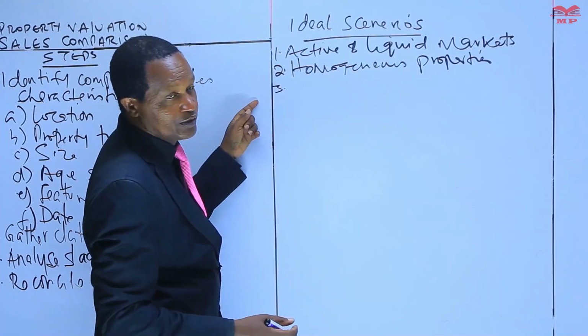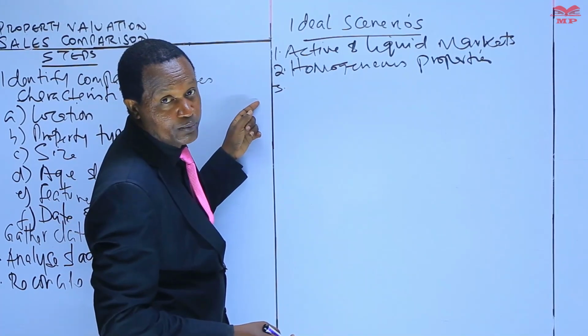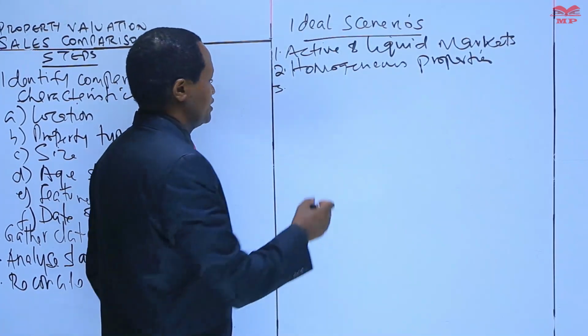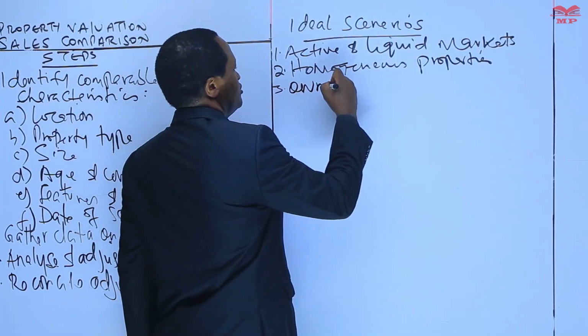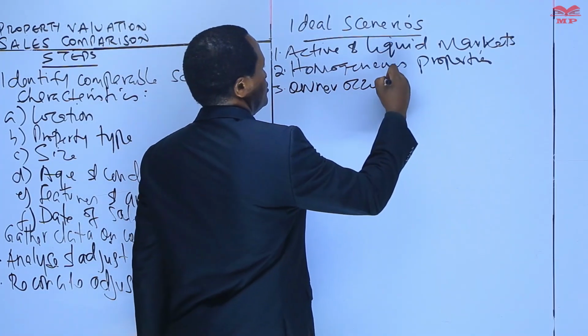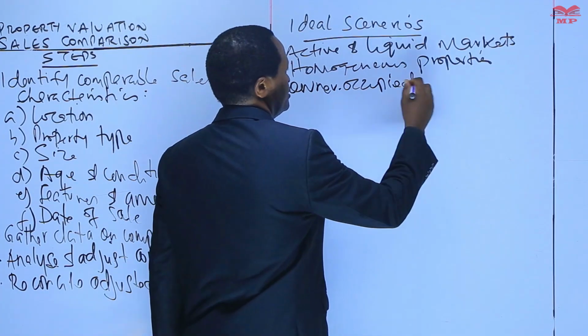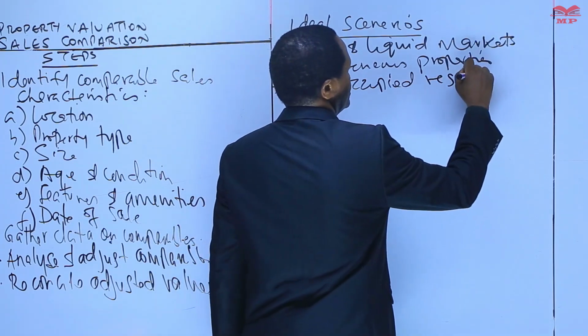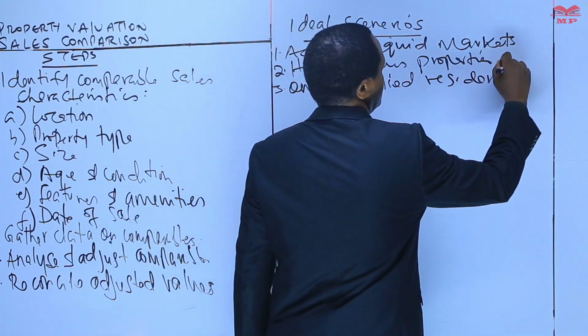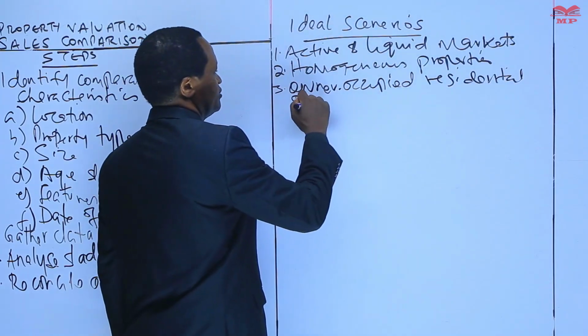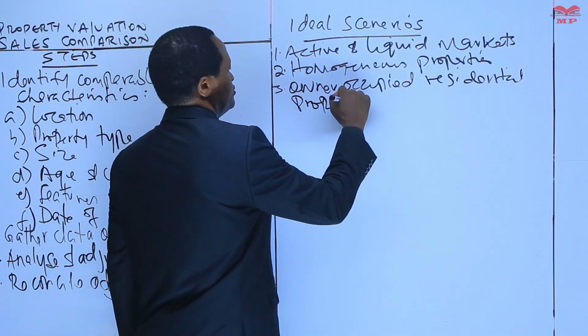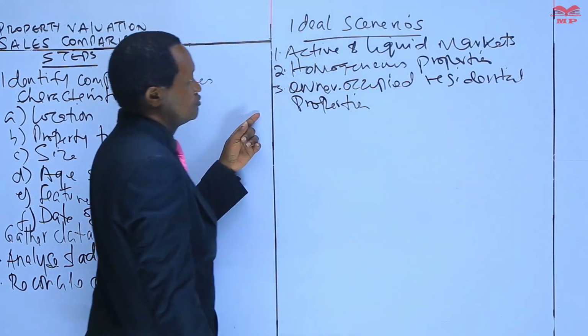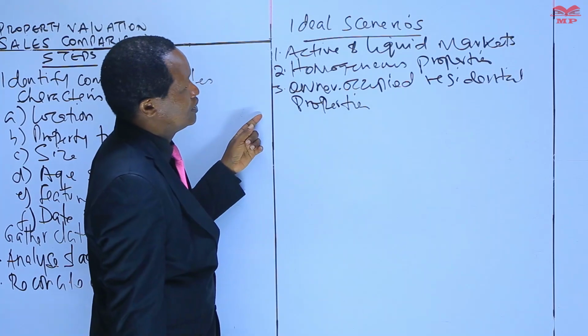Third scenario is owner-occupied residential properties. And how is it an ideal scenario?